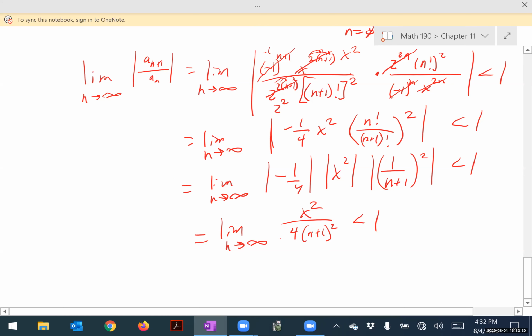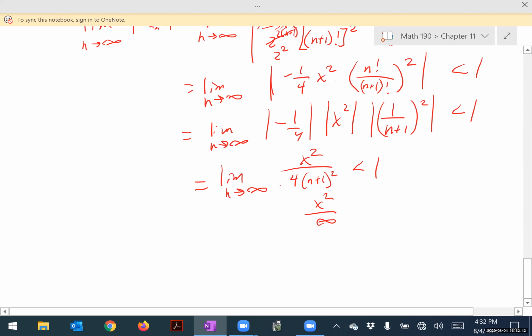Well, what happens when n goes to infinity? Doesn't this just become x squared over infinity? Which basically, it's negligible what the x is. This always goes to 0. That always goes to 0. Okay, and isn't 0 always less than 1? Well, yeah, 0 is always less than 1, which means that it didn't matter what x is.